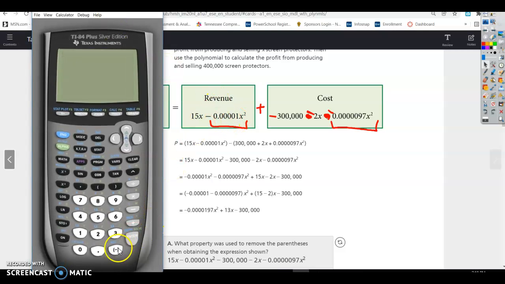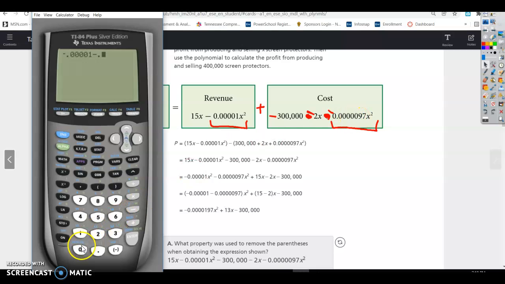So I've got negative 0.0000, 4 zeros. And then I'm going to have minus, because I changed that to plus a minus. So minus, so I'm going to subtract point, and I've got 1, 2, 3, 4, 5.